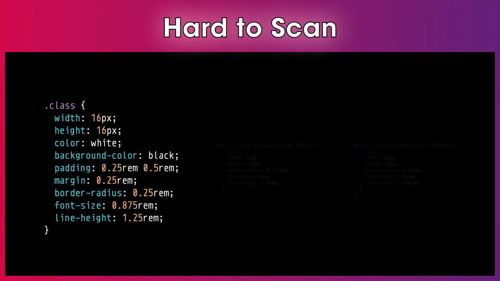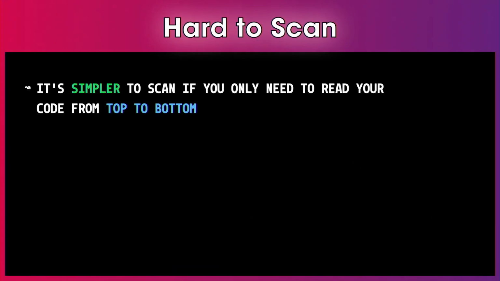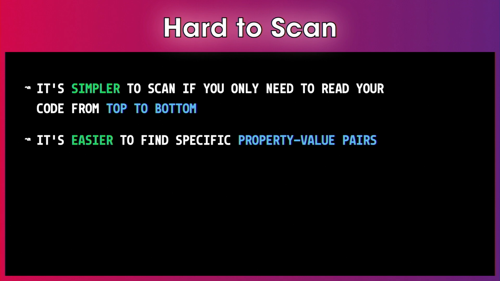And this is just easier for us to scan, and let me tell you why. First, it's easier for us if we can just go from the top to the bottom of something. It's just the way we read. The second thing is, it's really easier for us if we can work with very specific pairs of keys and values, properties and values.